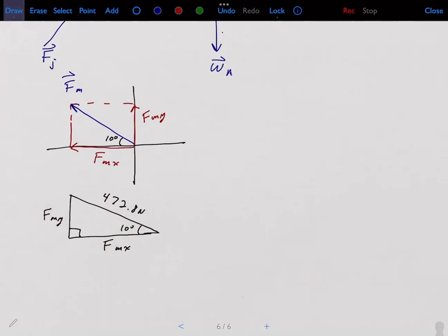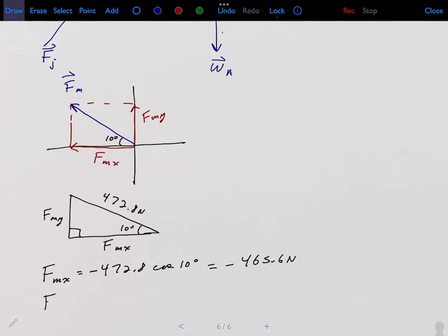So I know Fmx is going to be 472.8 times cosine of 10 degrees. But we have to be careful, right? I need to attach the correct sign now. And I know that that component, since it's going to the left, is going to be negative. So this will be negative, and if you work this out, this is negative 465.6 newtons.